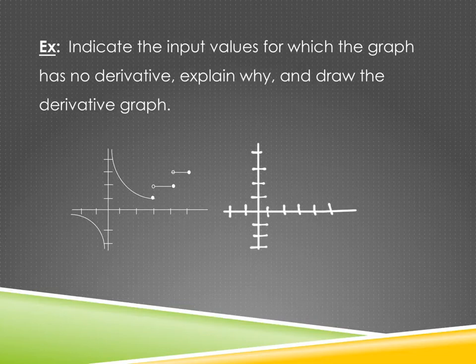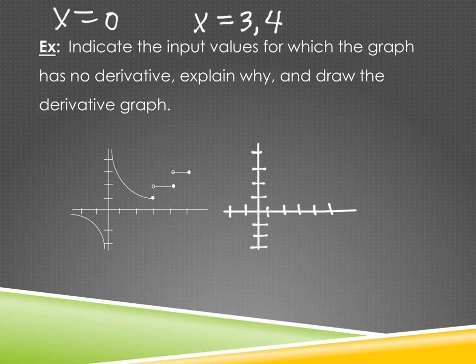Okay, where does the derivative not exist on this graph? At what x values? Okay, so at x equal 3 and 4, is that it? There's one more. X equals 0.